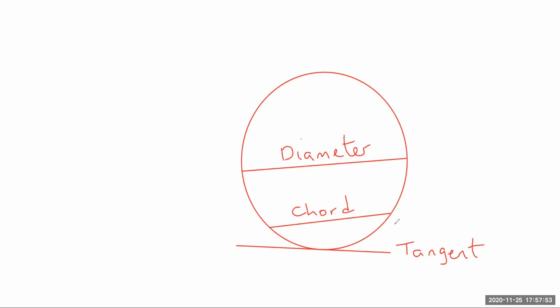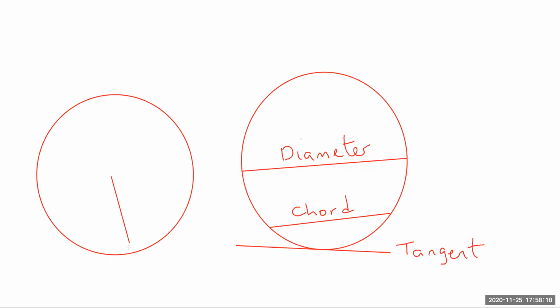Now, having known these different terms, the first theorem would be that of a radius and a tangent. A radius is just half of a diameter. If we draw a line from the center of the circle to any point on your circumference, that is called a radius.